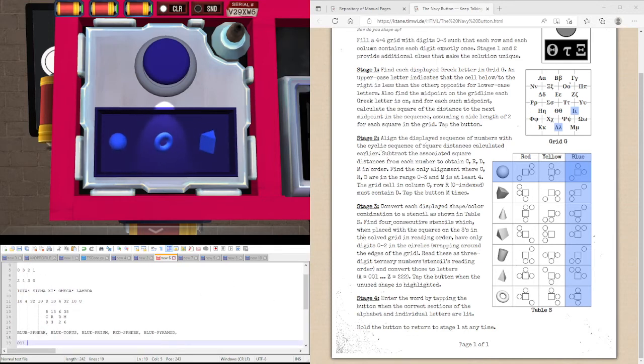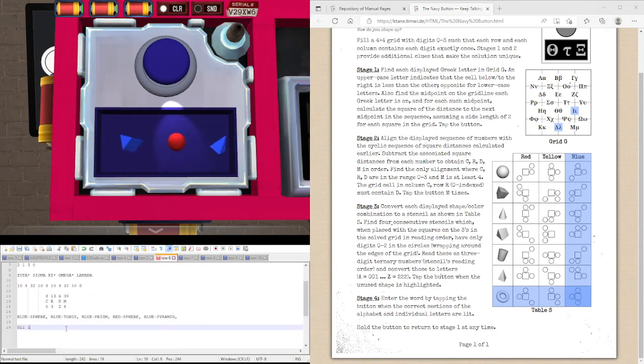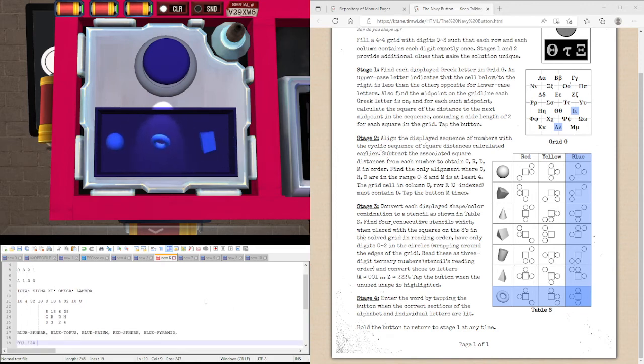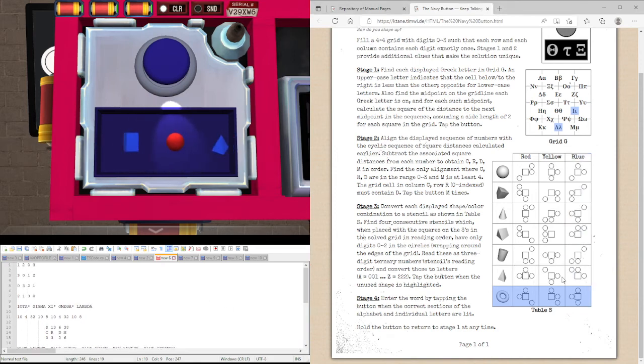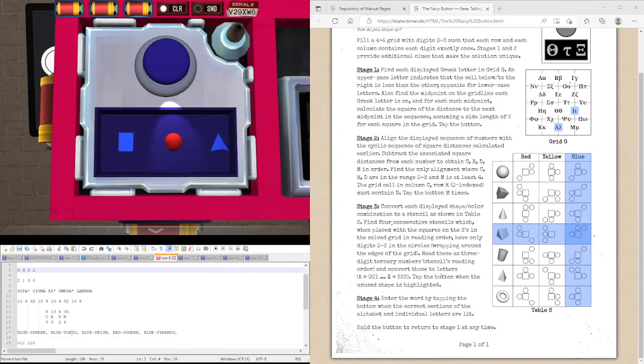Go from blue sphere to blue torus. 1, 2, 0. If it wasn't obvious, you loop around the grid if you need to. 1, 2, 0. Next we have blue prism, which gives us 010.